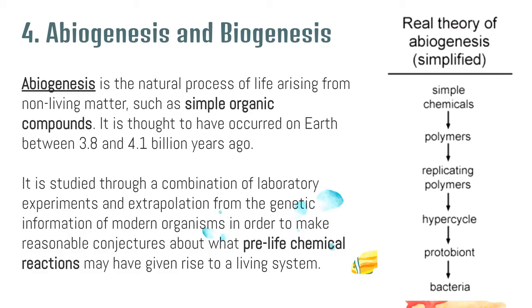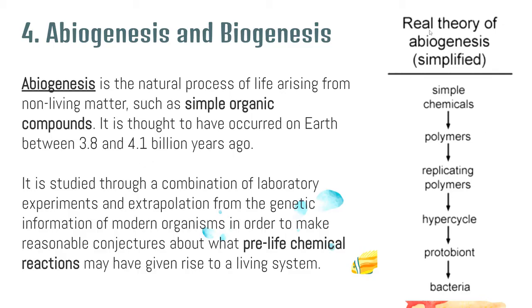What abiogenesis is telling us is the historical process of life coming from simple organic compounds. So this was the history of how life happened, not just of how an organism is created. According to science, abiogenesis is thought to have occurred on Earth between 3.8 and 4.1 billion years ago.